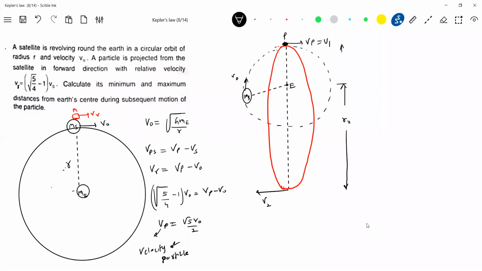Let this distance be R1 and this distance R2. R1 should be r. We have to calculate the minimum and maximum distance from the Earth's center during subsequent motion of the particle, so we have to calculate R2. Are you able to understand? This will become apogee and this will become perigee.